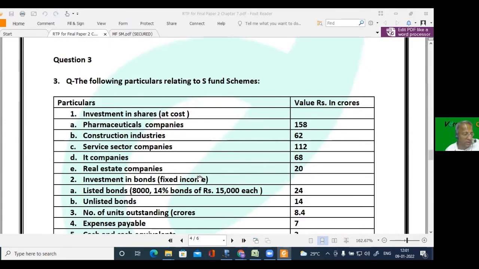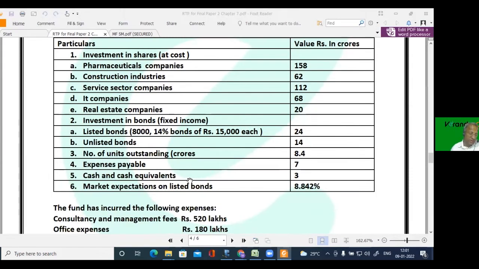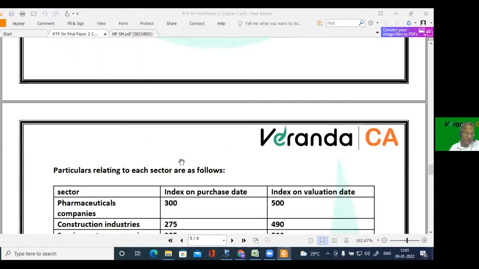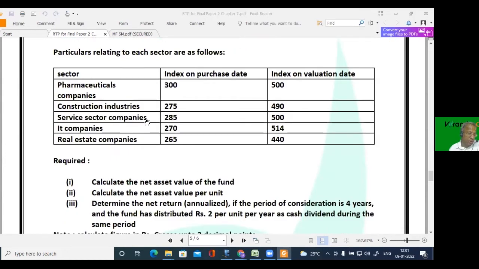Now, they have given you this information on a particular date. Let us understand that it is the date of purchase only. On a valuation date, which is some period later, the index resulted like this.